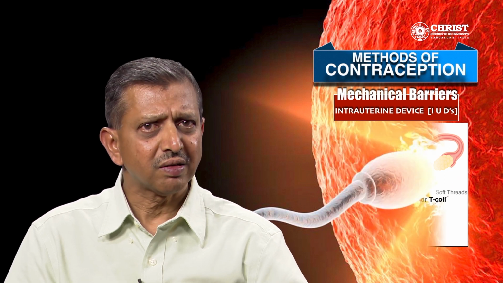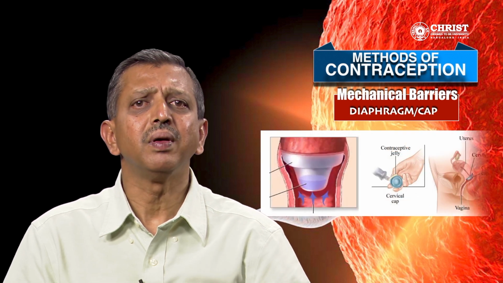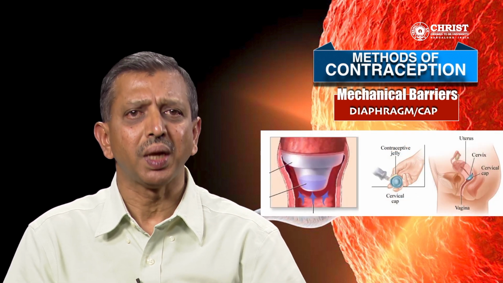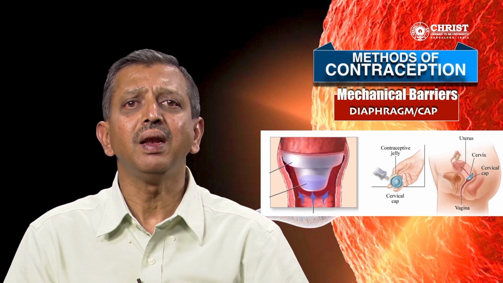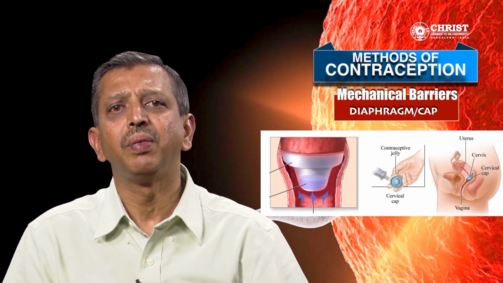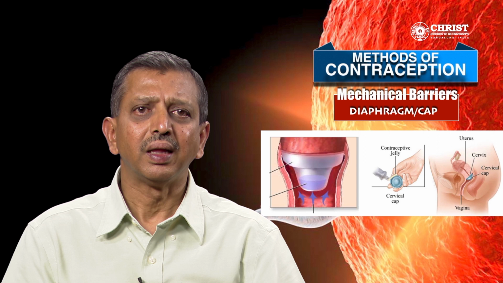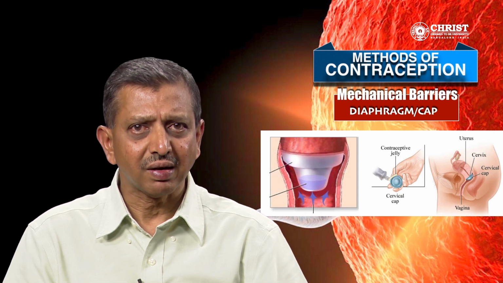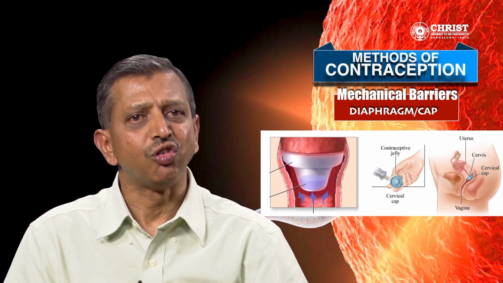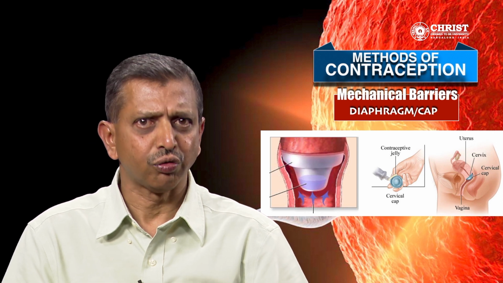The next method is diaphragm and cap. Diaphragm is a cup-shaped or dome-shaped device made of thin rubber with a flexible rubber ring. The cap is properly inserted and fitted into the vagina before intercourse.